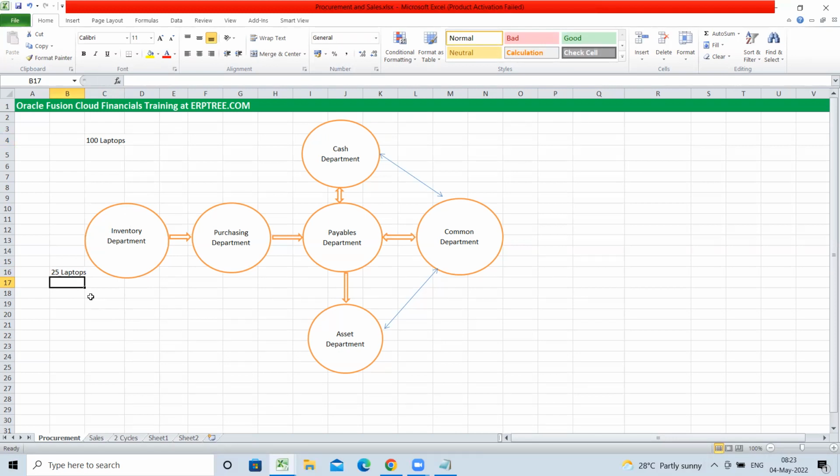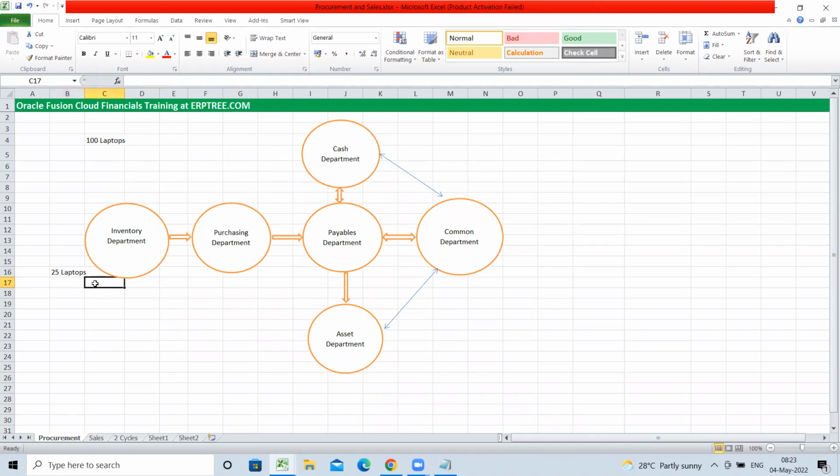Now we have to purchase 75 laptops. Along with the 75, you may plan to purchase a few more laptops, whatever their plan may be. As per this customer order of 100 laptops, we have to purchase 75 more because we have only 25.